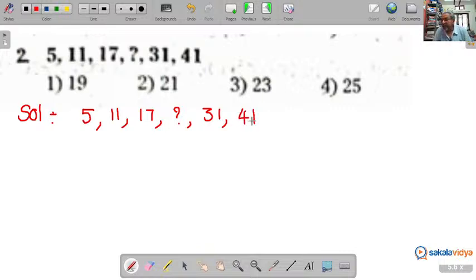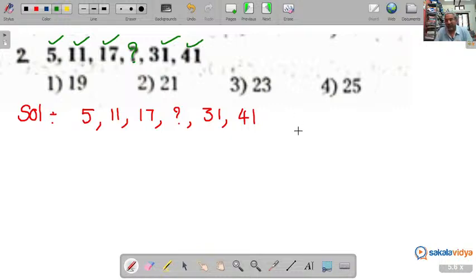Just observe the given series. A very important thing is that you need to observe, just like from an eagle eye point of view. What are the given numbers here? 5, 11, 17, question mark, 31 and 41.